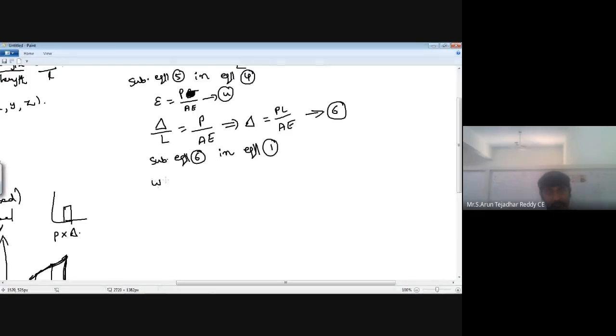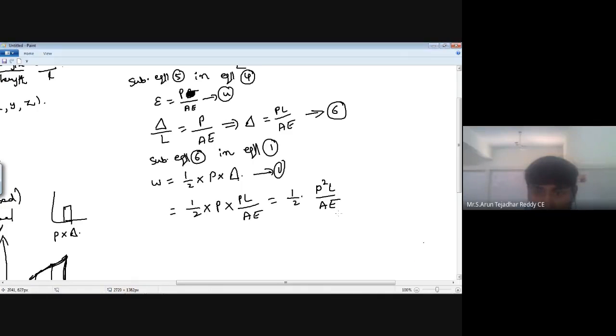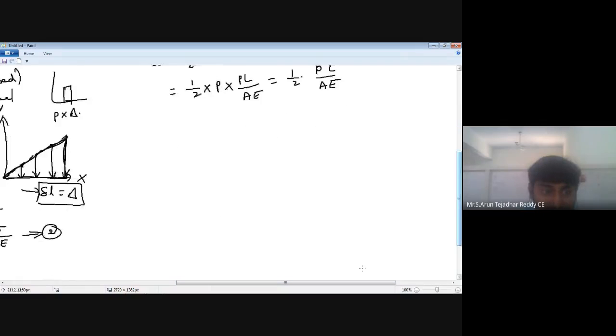Generally the first equation is 1 by 2 into P into delta. So this equation number 6 substitute in equation 1 in place of delta. That equals 1 by 2 P into delta, which is PL by AE. That we can write as 1 by 2 P square L by AE.